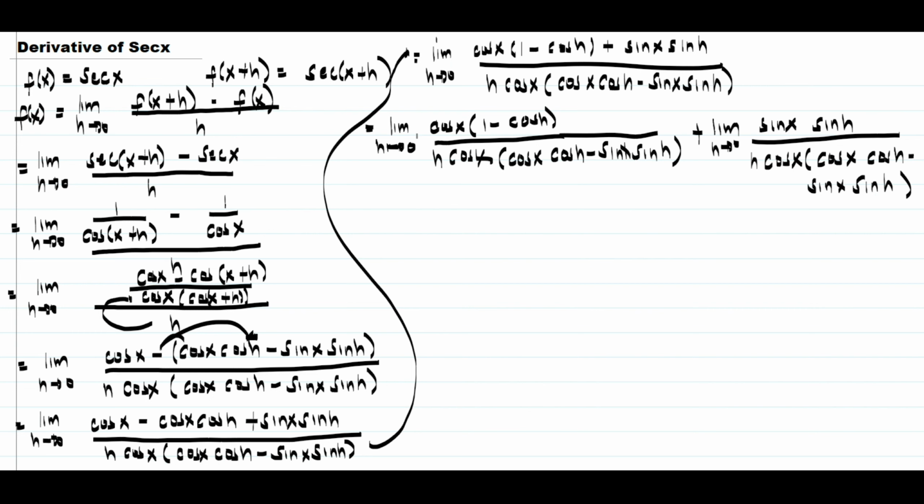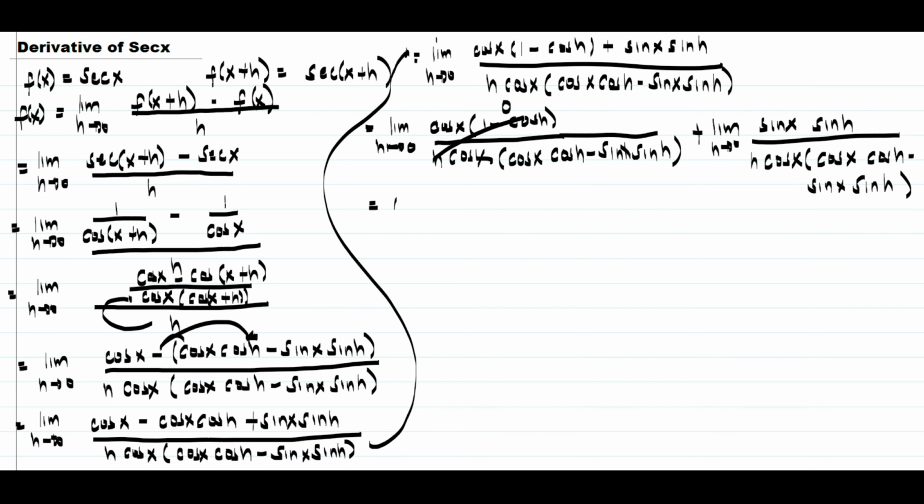As you can see on this side, we have the limit of 1 minus cosine h all over h. If you have the limit of 1 minus cosine h over h as h approaches 0, the value of this expression is equal to 0. And if you multiply 0 by cosine x and divide it by this entire denominator, still the answer is 0.